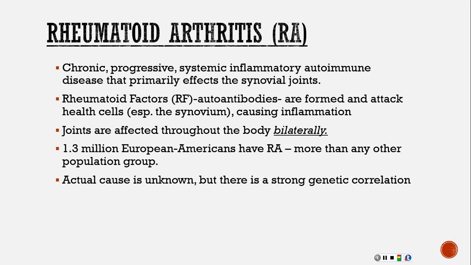All right, rheumatoid arthritis is a chronic, progressive, systemic inflammatory autoimmune disease. So, chronic, progressive, systemic inflammatory autoimmune disease that primarily affects synovial joints. Okay.